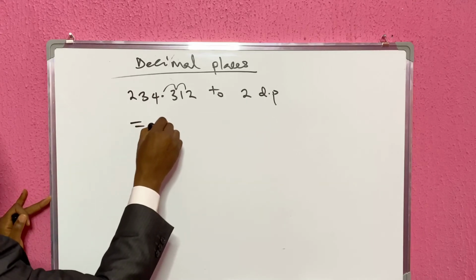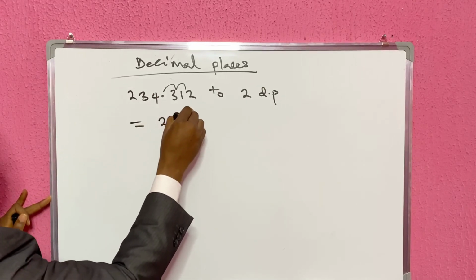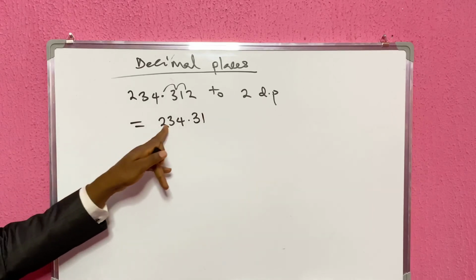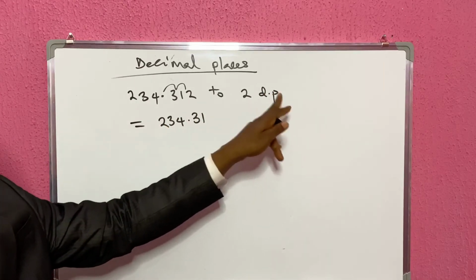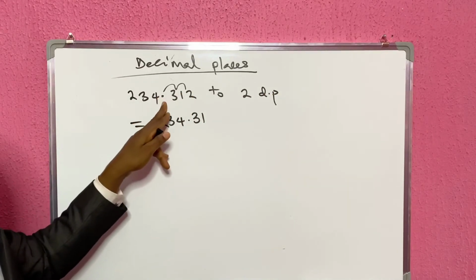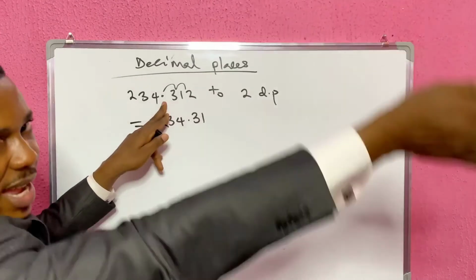Your answer becomes 234.31. This is your answer in 2 decimal places. So you start moving from the point to the right hand side.